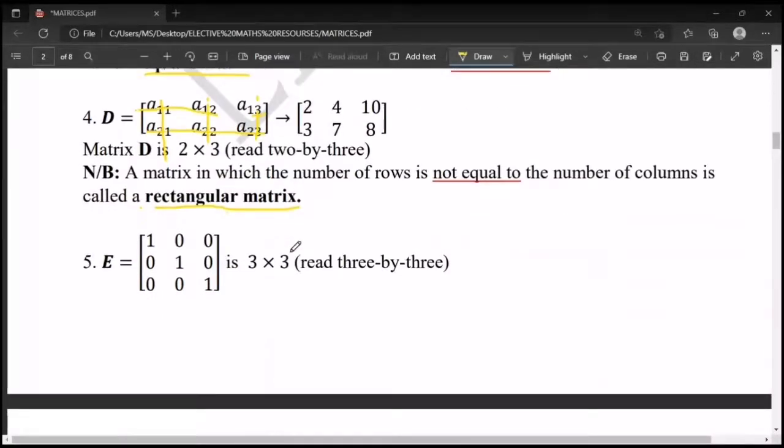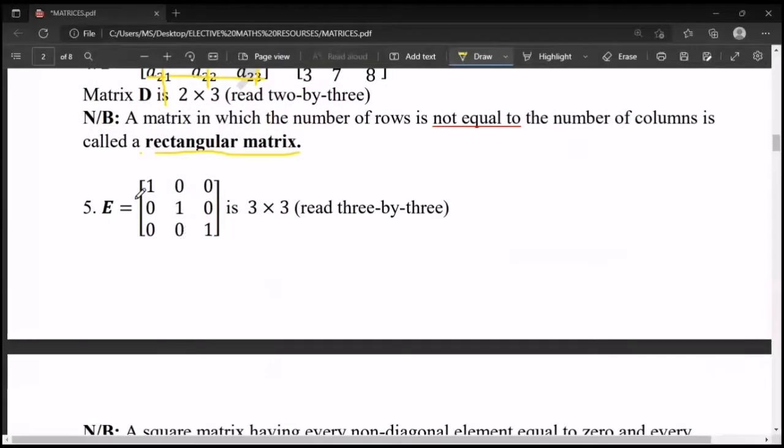Now, example E. Row 1, row 2, and row 3. How many columns? Column 1, column 2, and column 3.